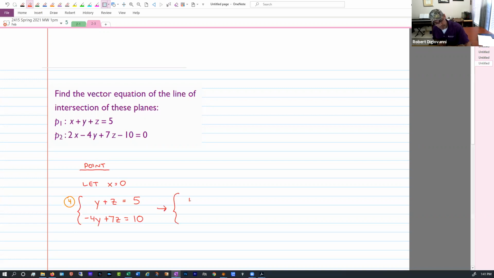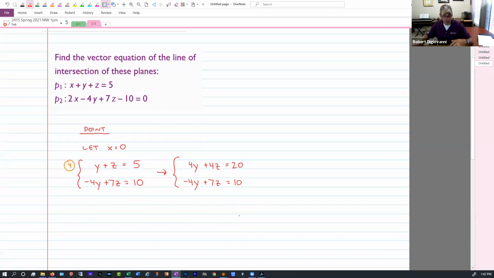So we got 4y plus 4z equals 20, and then negative 4y plus 7z equals 10. Didn't do anything to the second equation. Now I just add straight down. So I'm going to get 11z equals 30. And then divide through by 11. So 30 over 11, that's what z is.